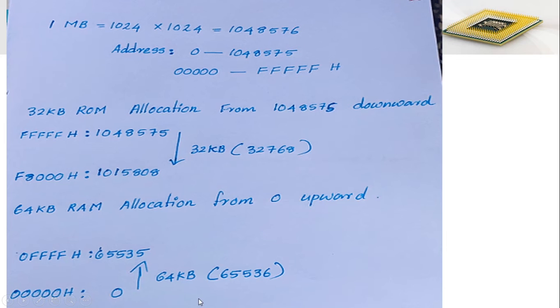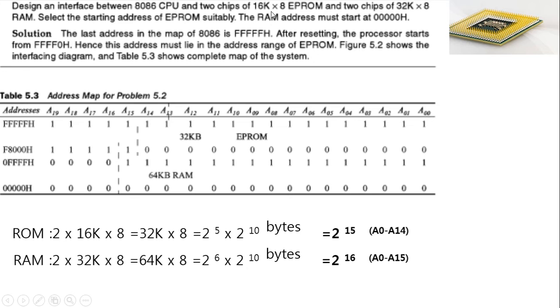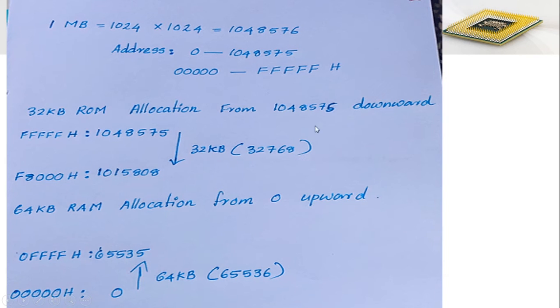Similarly, for our RAM memory we need 64 kilobytes of continuous memory allocation, and the question says the RAM address must start at 00000H. So for the 64 KB RAM allocation, we can go from 0 to 65535.